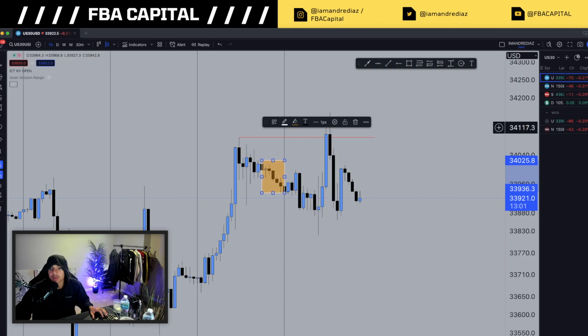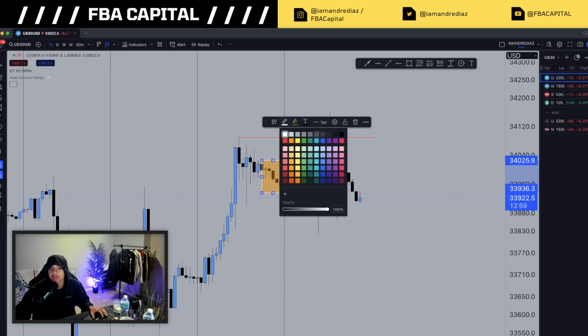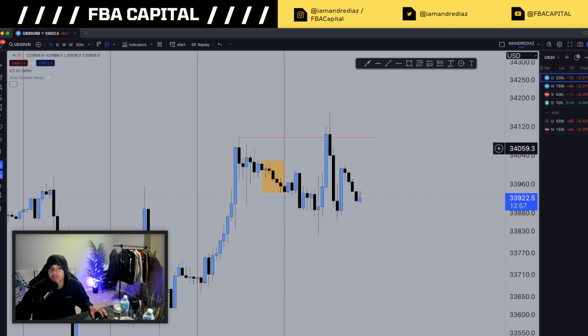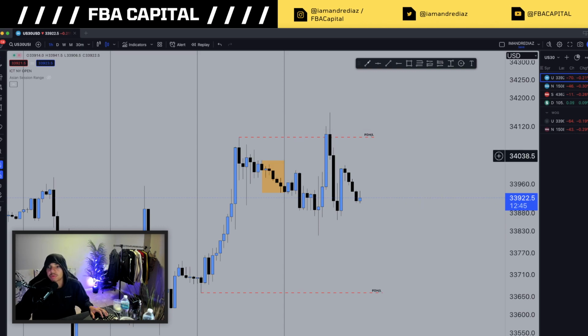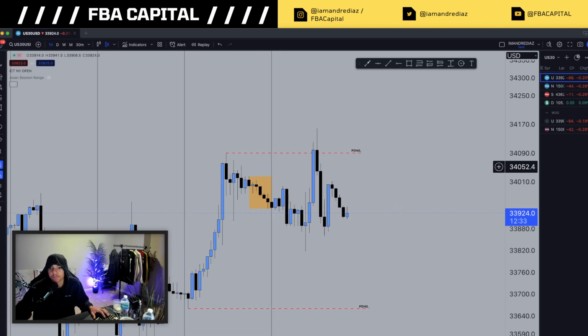So the orange box is the Asian session range, from 18 o'clock to the midnight open. This red line is the previous day's high, and the previous day's low is all the way down here. The main things I always try to mark up are previous day's high, previous day's low, Asian session high and low, and then depending on the session, say if I'm trading New York session, I'll potentially mark up the London high and low and use that as a potential target.